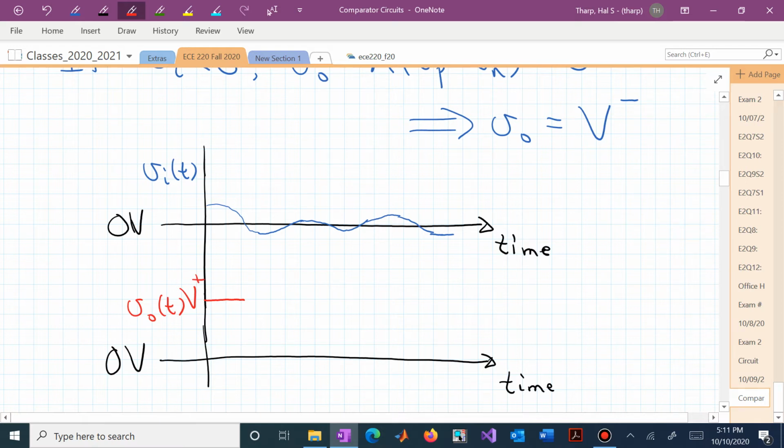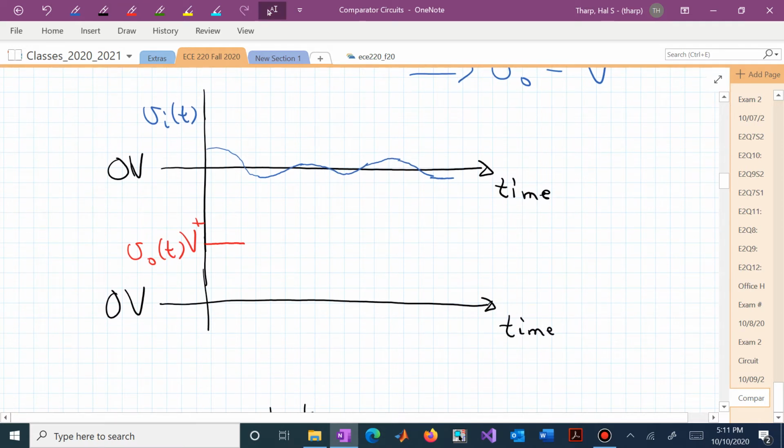If it's negative, then the output equals the negative supply rail. So now we've gone from V positive to V minus. These are supposed to be vertical lines that I'm drawing. Then it goes positive again, and it saturates at the positive level.